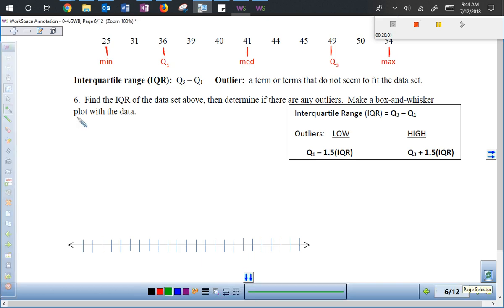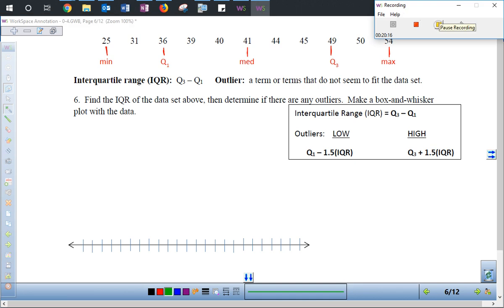So number 6 says find the IQR, which stands for interquartile range, of the data above. Then determine if there are any outliers. Make a box and whisker plot with the data. So the first thing we need to do, just like with all graphs, is make sure that we are working with the right set of data, and that we label what we're working with.